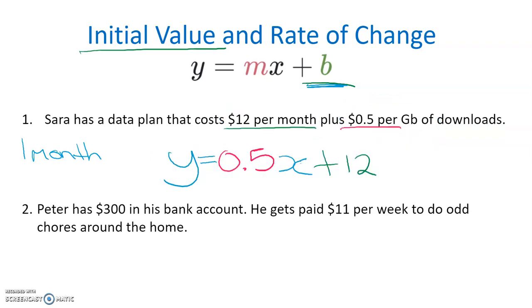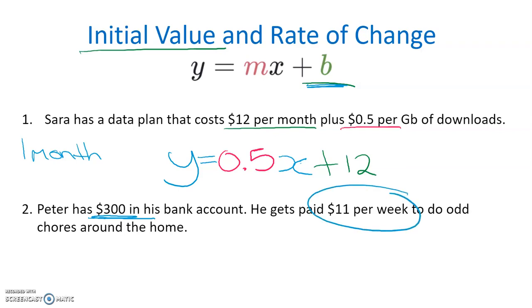Okay, so let's have a look at number 2. Peter has $300 in his bank account. He gets paid $11 per week to do odd chores around the home. So what does he start with? Well, he starts with $300. That's not changing. He gets paid $11 per week. So this does change because after 1 week it would be 11, 2 weeks, 22, etc. We can multiply it by the number of weeks.